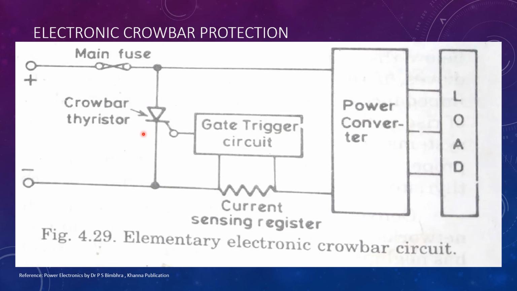A thyristor possesses high surge current capability. It can be used in an electronic crowbar circuit for overcurrent protection of power converters using SCRs. An electronic crowbar protection provides rapid isolation of the power converter before any damage occurs.